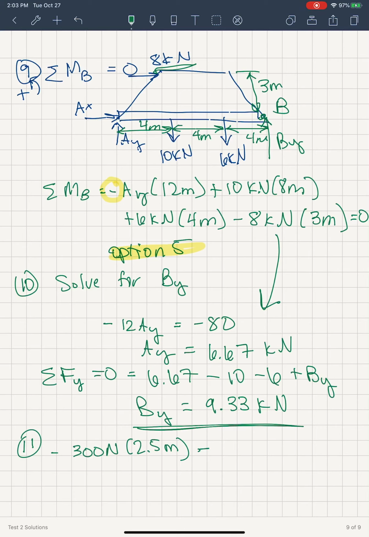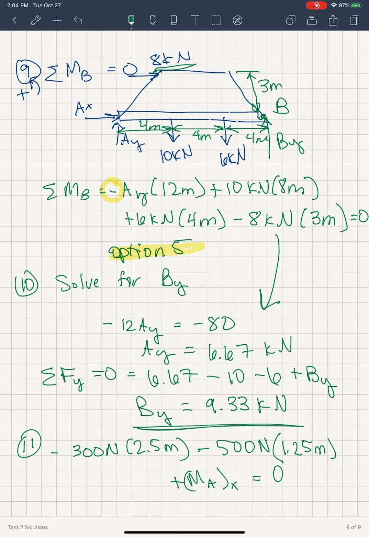So negative 500 newtons times 1.25 meters. And then we also have, for the moment about x, that Max that's written down at the bottom. So plus Max, that equals 0. And then we just need to look at the question.